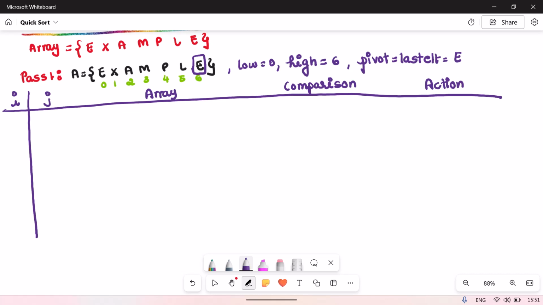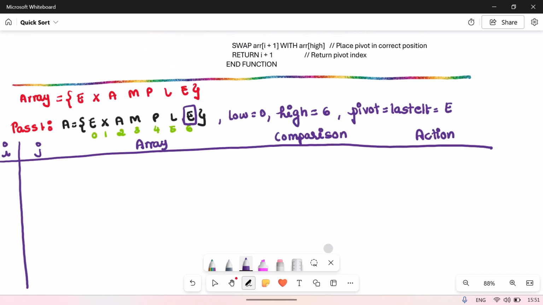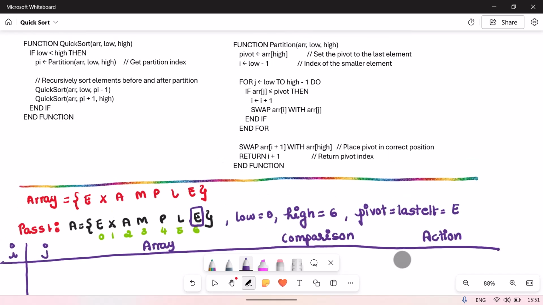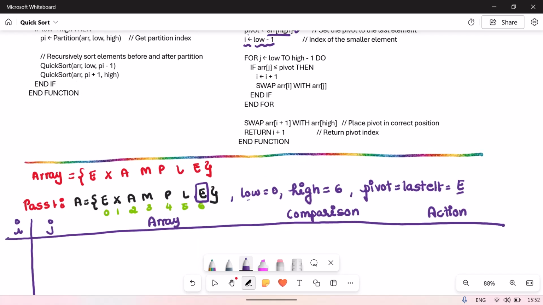In the algorithm also, array of high is pivot, so A of 6 is pivot. The last element is pivot. And i is low minus 1. Low is 0, so low minus 1 means 0 minus 1, which is minus 1 initially.